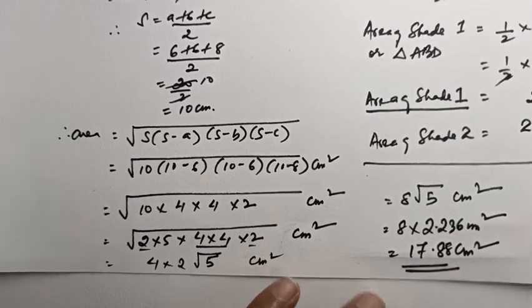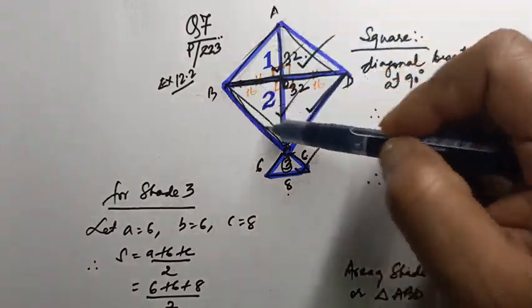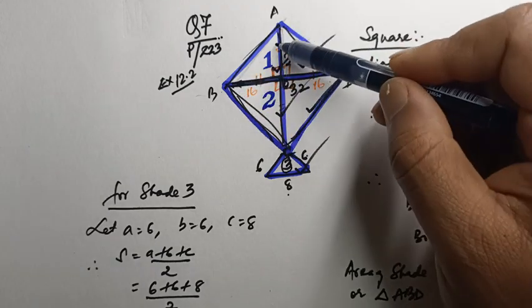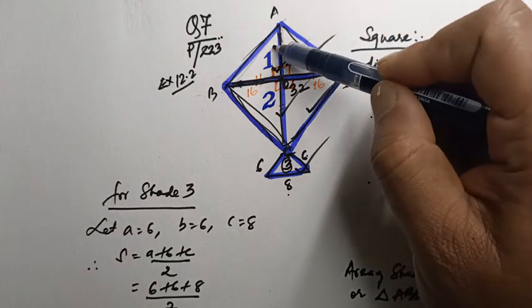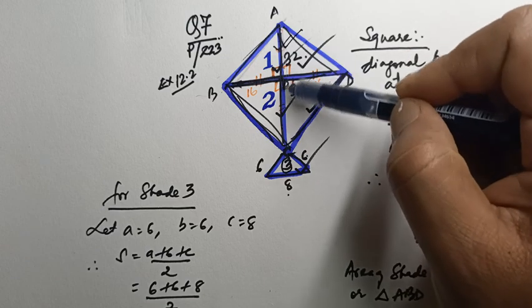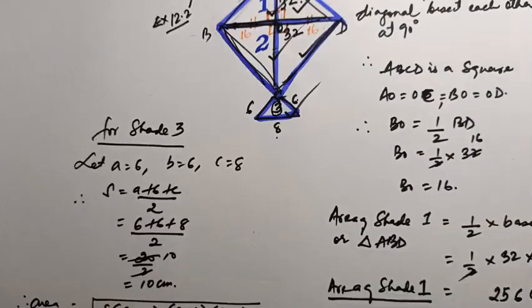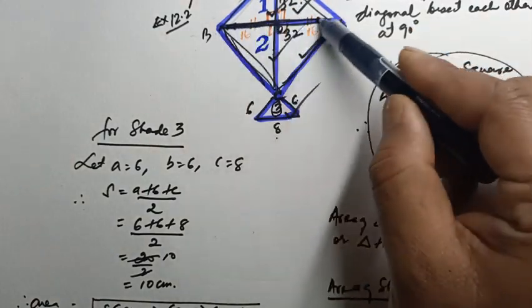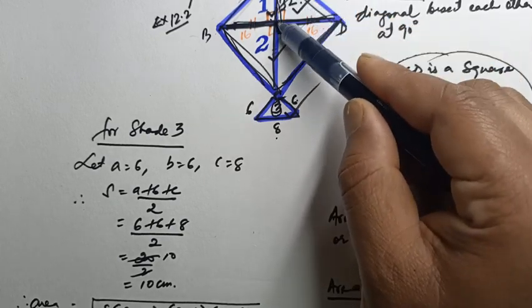Before I wind it up with this problem, keep in mind this is a square. The kite is in the form of a square, and the diagonals are given as 32. The important point to keep in mind is that the diagonals of a square bisect each other at right angles. So each part of the diagonal will be 16. One diagonal part is 16, at 90 degrees, and the other side, which is 16, can be taken as the height.